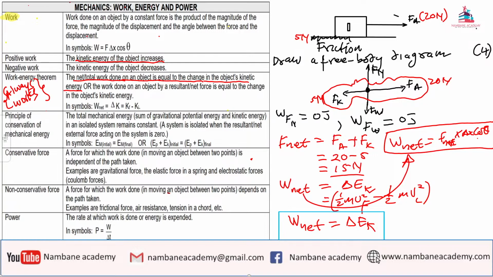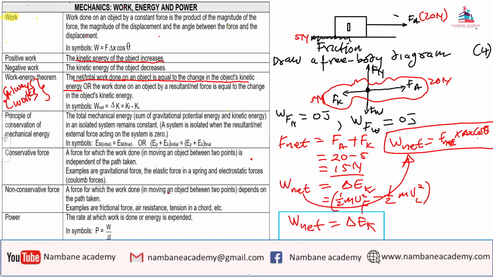The application will come and it will be clear why I need to draw a free body diagram. The free body diagram informs me which forces are actually doing work.